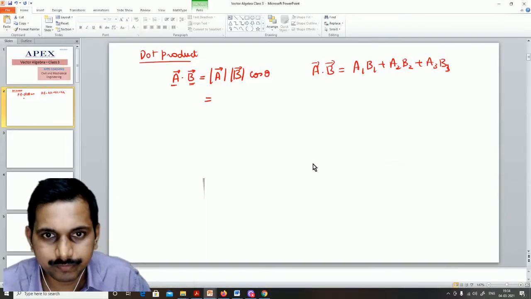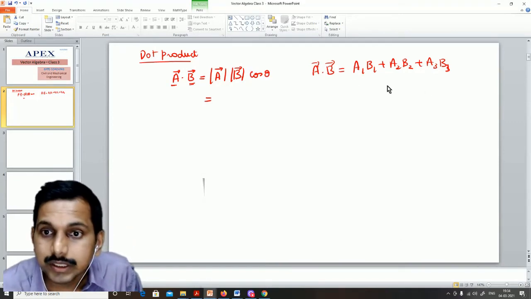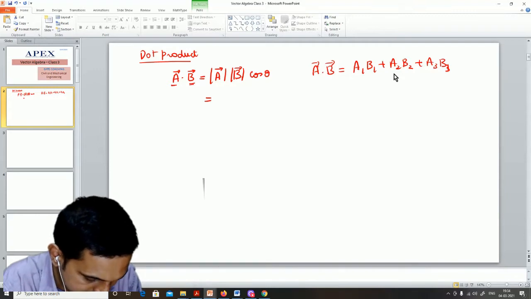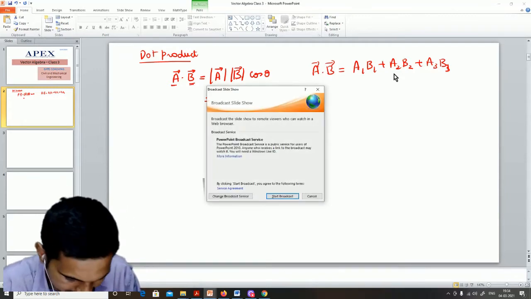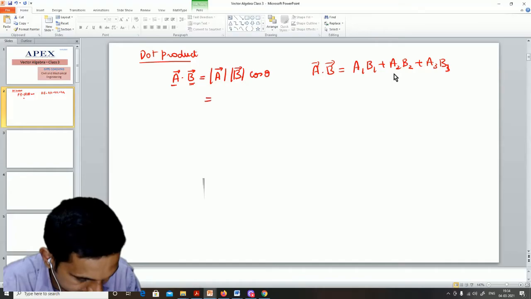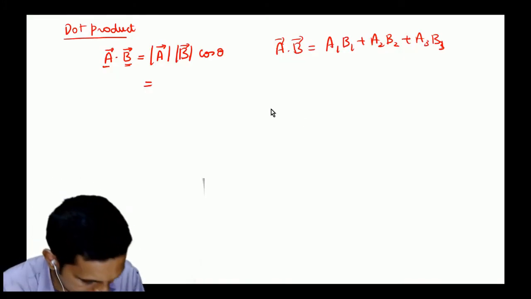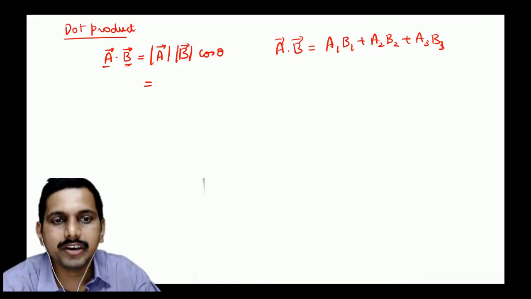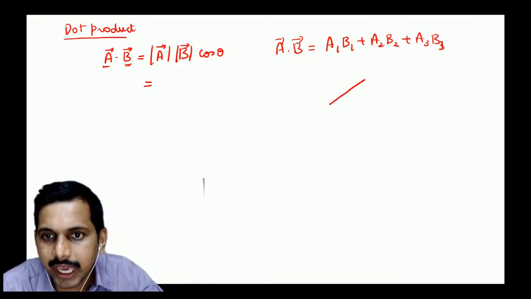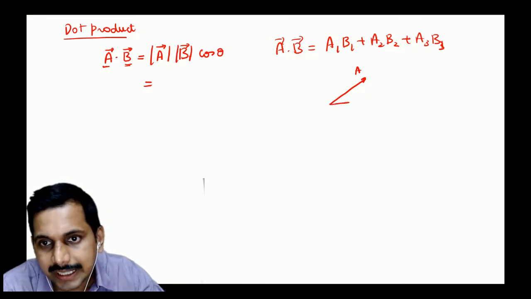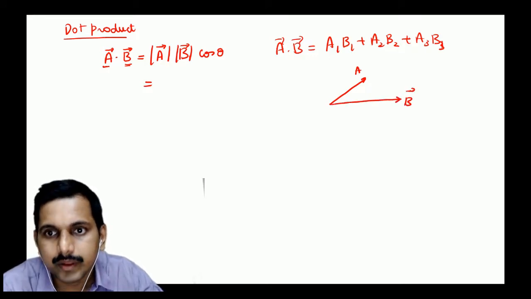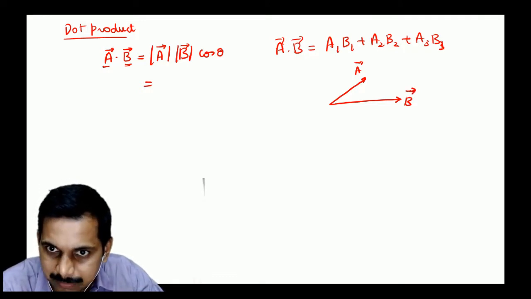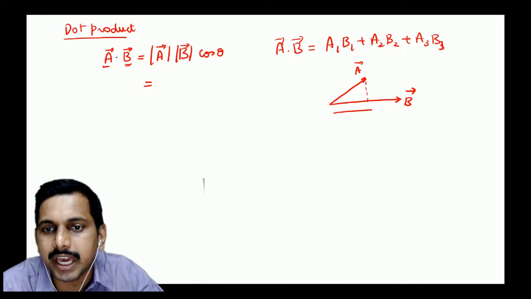Fine. Okay. So now this is how we write generally. So why it is cos theta is, it is multiplication. So if I have A vector here and B vector over here, what happens is this B vector magnitude is multiplied by the component of the A vector.